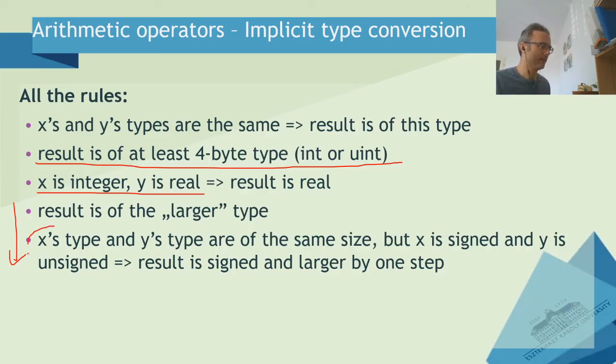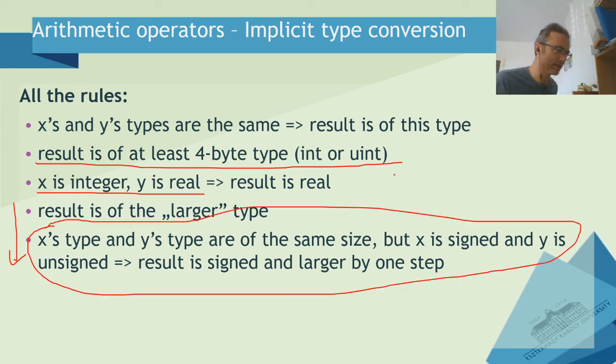And let me talk about the final rule here, which is a little bit lengthy. And actually, this is the most specific rule among the five rules. So what does it say? It says if the two operands have the same size, but one of them is signed, the other one is unsigned.